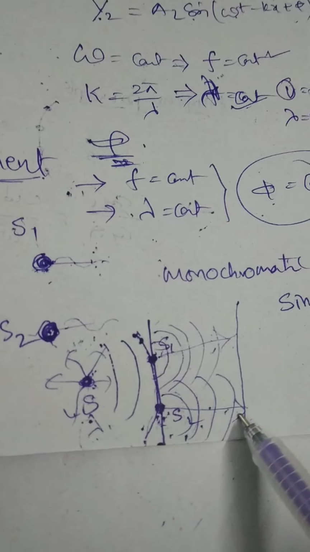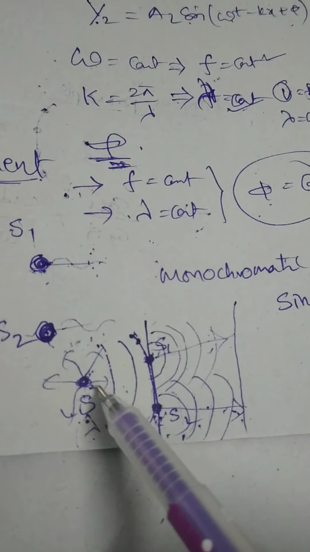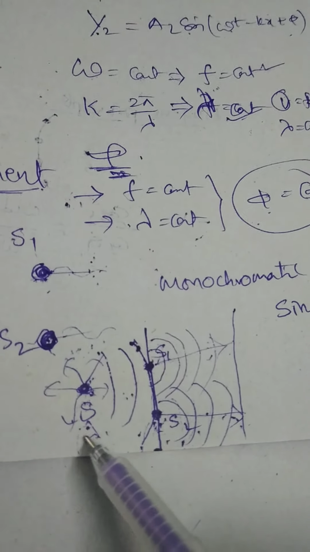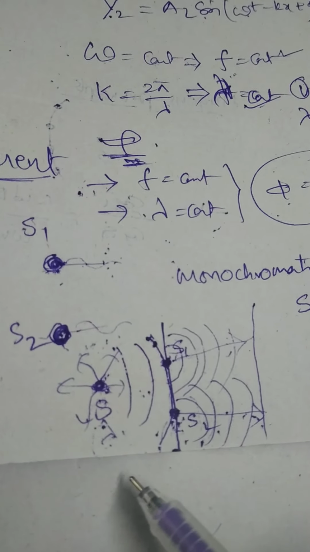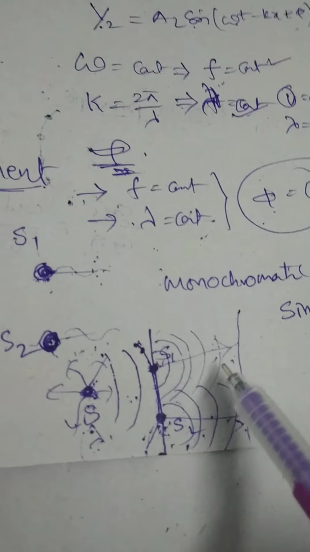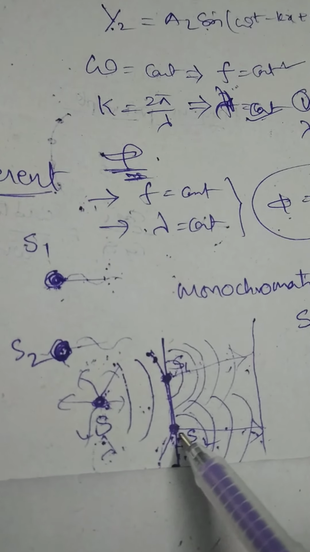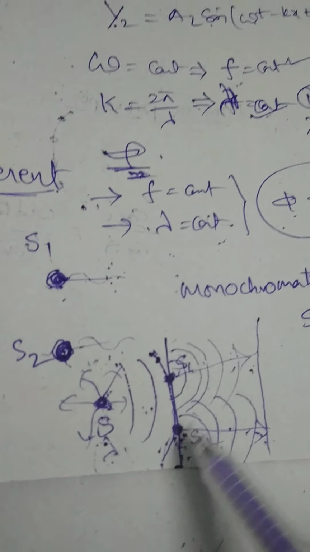Same source means it will emit single colored light, monochromatic. Wavelength is constant, frequency is also constant. Also, phase difference is equal to 0. That's why S1 and S2 act as sources which are also called coherent sources of light.